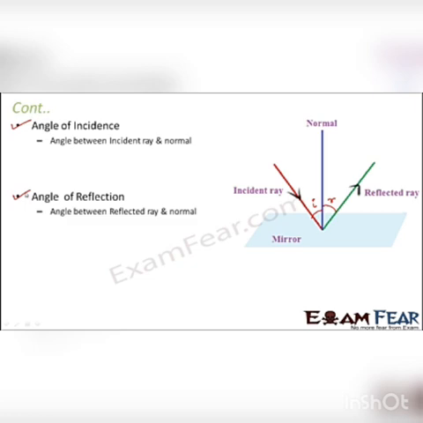Here normal acts as a reference which helps you define these angles of incidence and reflection. We often denote normal with a capital N, the angle of incidence as angle I, and the angle of reflection as angle R. So basically normal divides the angle between the incident ray and the reflected ray.